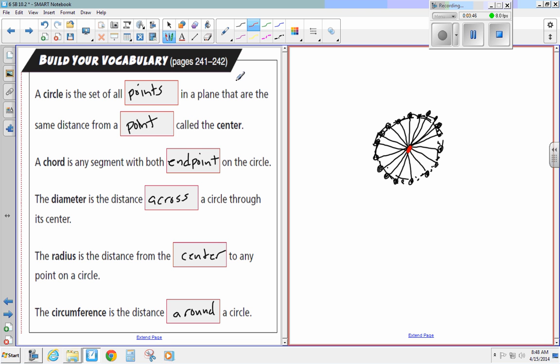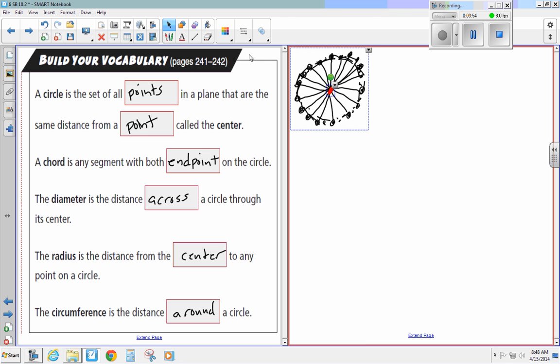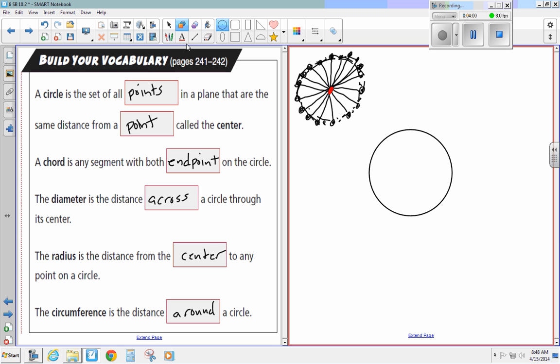Now, a chord, so that's for the first two, circle and center. A chord is if you have a circle, any line segment where both endpoints are on the circle. So a chord could go from here to there.